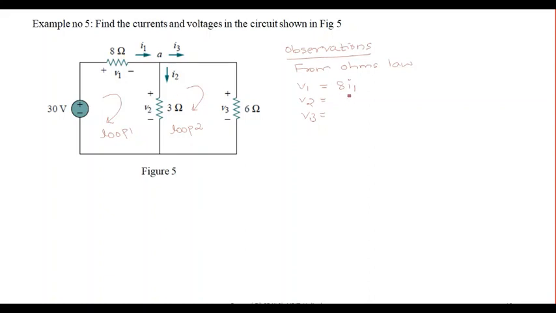Similarly, V2 will be 3 times the associated branch current I2, and V3 will be 6 times I3, since I3 approaches through this branch till here. So we have defined V1, V2, V3, I1, I2, I3.